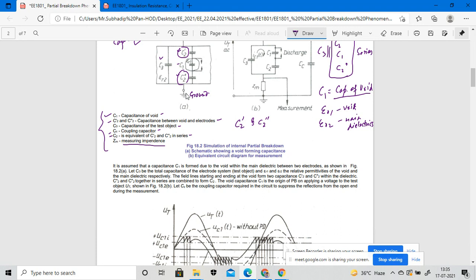C2 dash and C2 double dash together, in series, are combined to form C2. So this combination creates the capacitor C2.